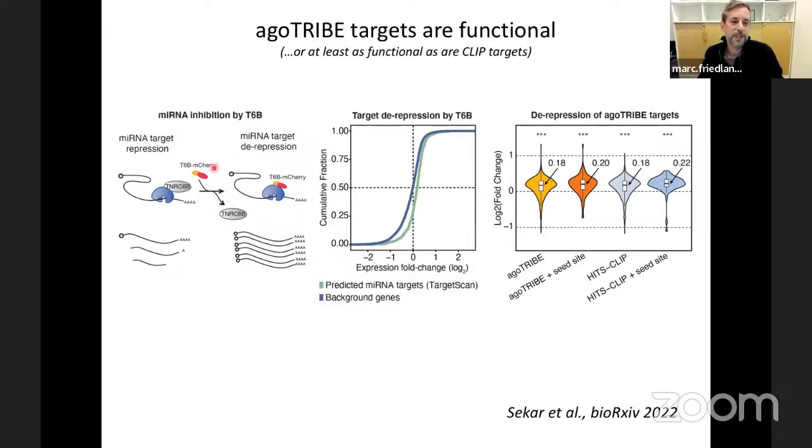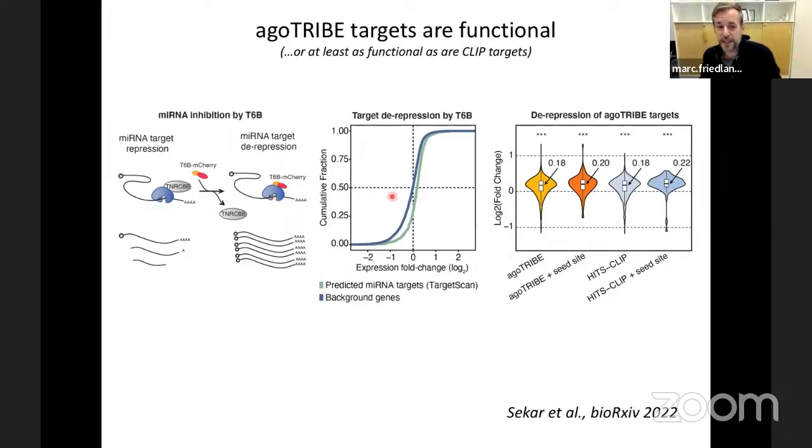And what T6B does is that it binds to the pocket of Argonaute2 where TNRC6B normally binds. And this is a protein that's necessary for microRNA repression. So when this gets displaced by T6B, the hypothesis is, or the evidence is that Argonaute is still binding, but it cannot repress anymore because it's not interacting with the TNRC6B.